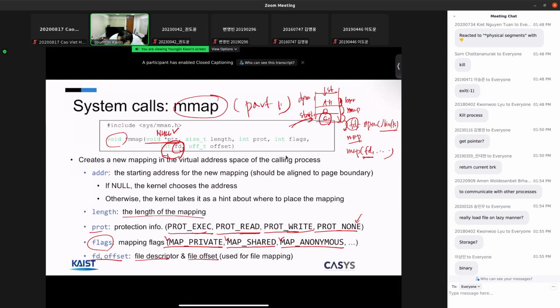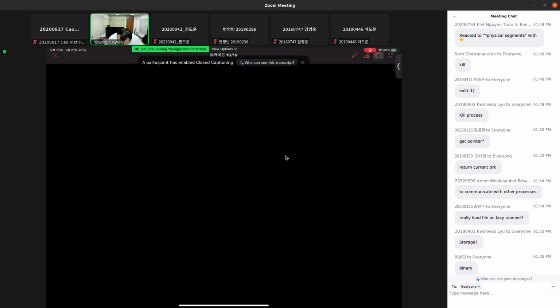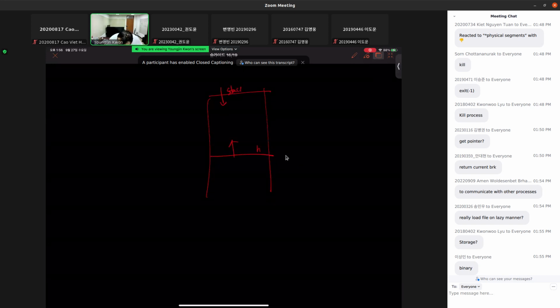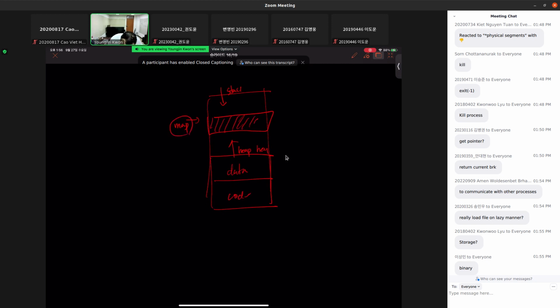We can also locate some kind of stack, this is a heap, and somewhere here by malloc, mmap. mmap some location, then it returns a pointer, an address, as a result of mmap.